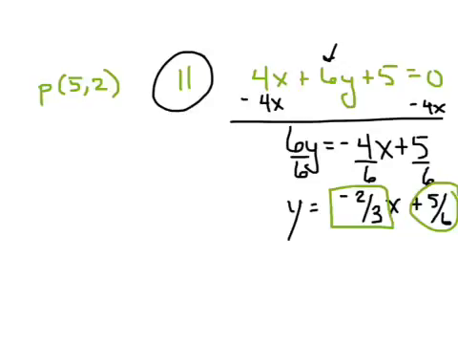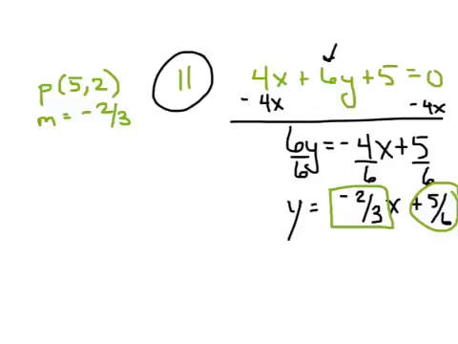So now that I have the slope, since it was parallel, I'm going to use the same slope. If it was perpendicular, I would have flipped it over and changed the sign and made it 3/2. So the slope is the same when it comes to parallel, and for perpendicular I would flip it over and change the sign.